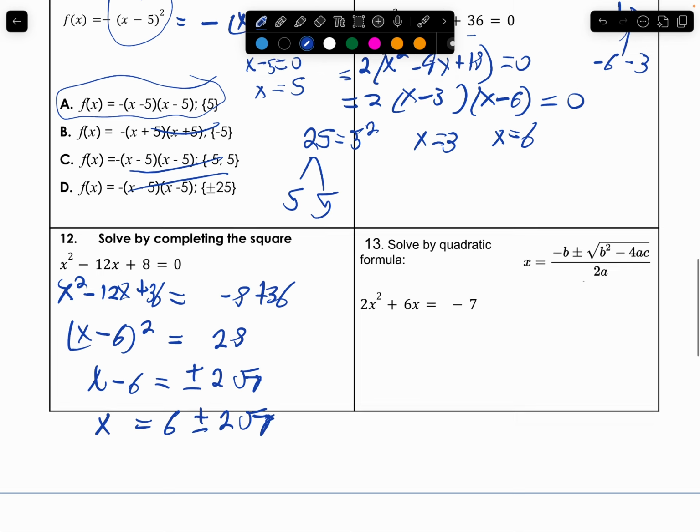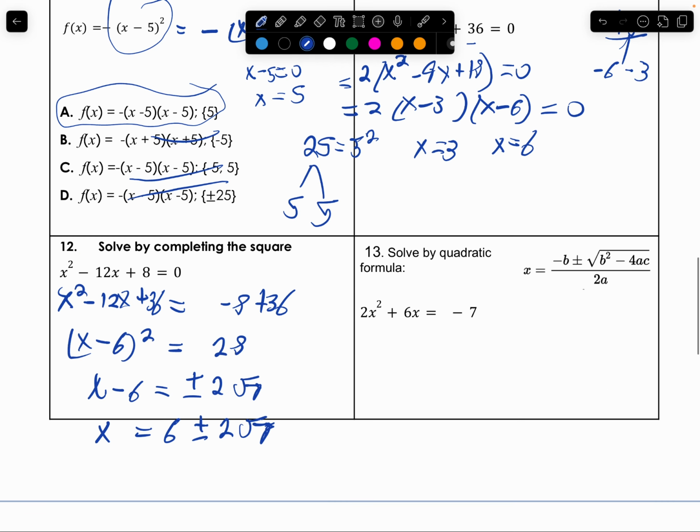Okay. The number 13, which I think I had wrong on the first thing, just because of my handwriting, but 2x squared plus 6x plus 7 equals 0. A is 2, B is 6, C is 7.